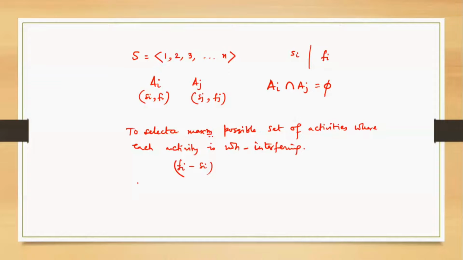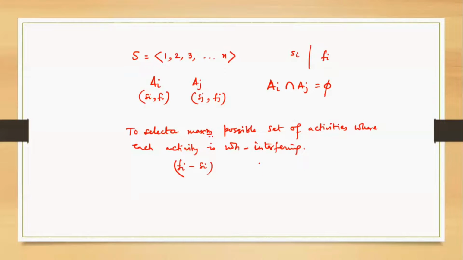So two points are very vital. We are going to select the activity having minimum duration, and it is observed that the process of selecting the activity becomes faster if we assume that the activities are arranged in an increasing order of their finishing time.